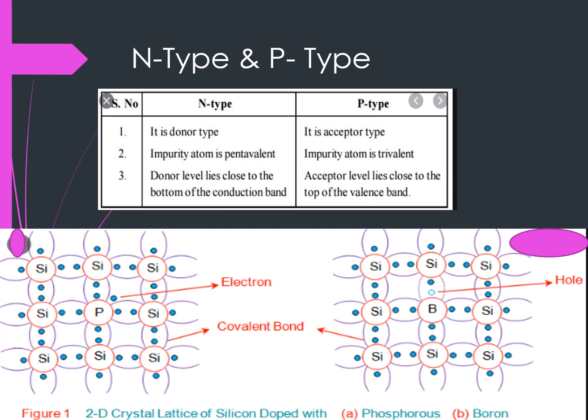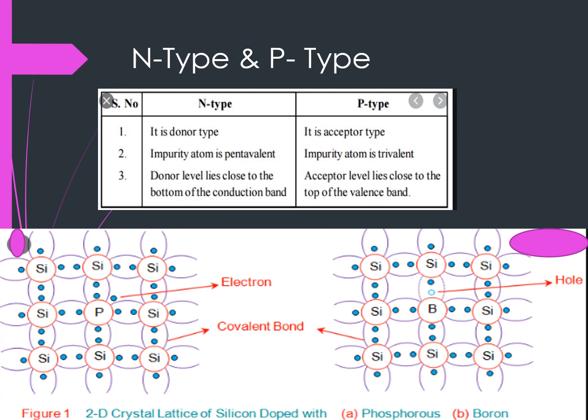So what do you have to remember in total? First, remember the impurities. N-type semiconductors have pentavalent, p-type has trivalent. Second, since pentavalent means 5 valency, 4 will participate with the silicon atom and only 1 will be free. So the majority carrier is electron here and the minority carrier will be hole.